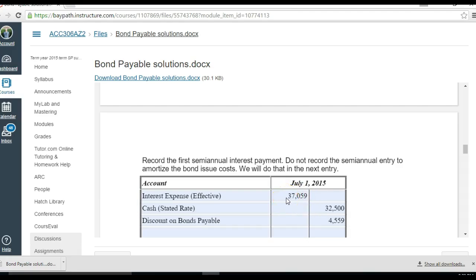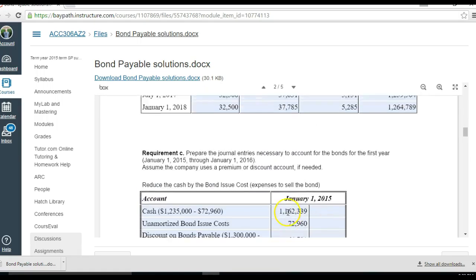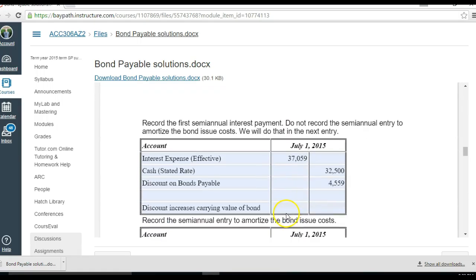$37,059 is essentially the interest that we are recognizing as an expense, because that's the effective interest, which takes into consideration the market rate of 6%. So our interest expense is actually higher than our interest paid because we are using the 6% effective method to record interest expense.